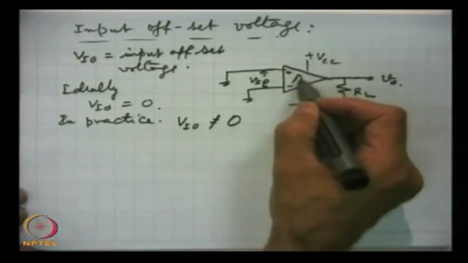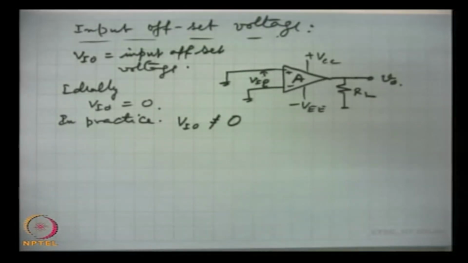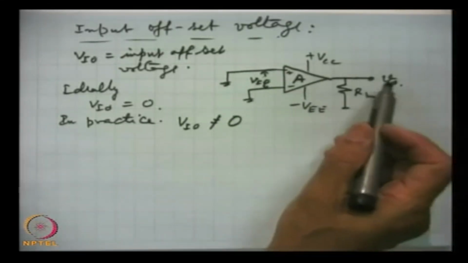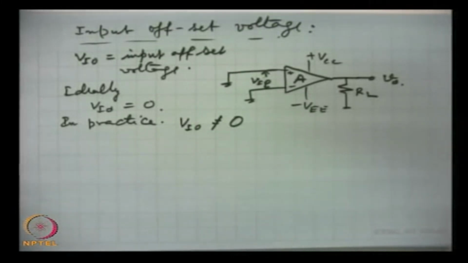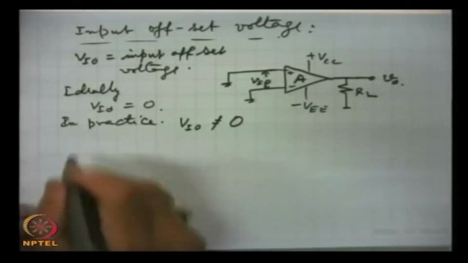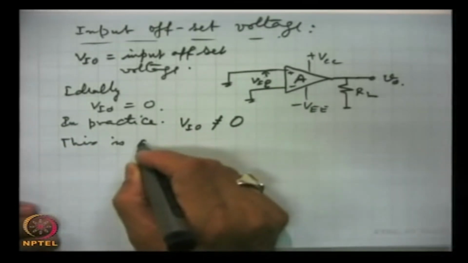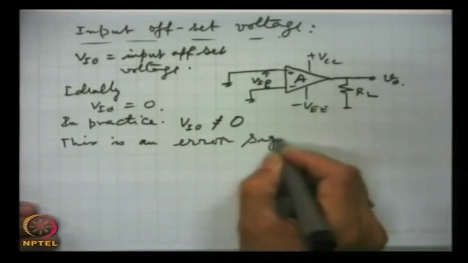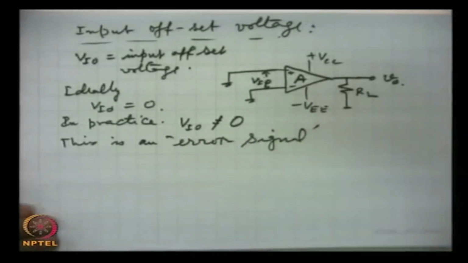After all, the open loop gain of the op amp is very high. So, this is amplified and gives a finite output voltage. Now, this is the error signal, and we have to take care of it.